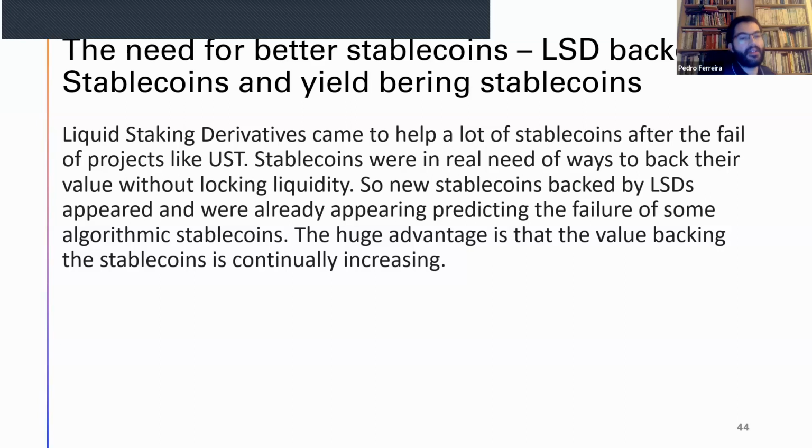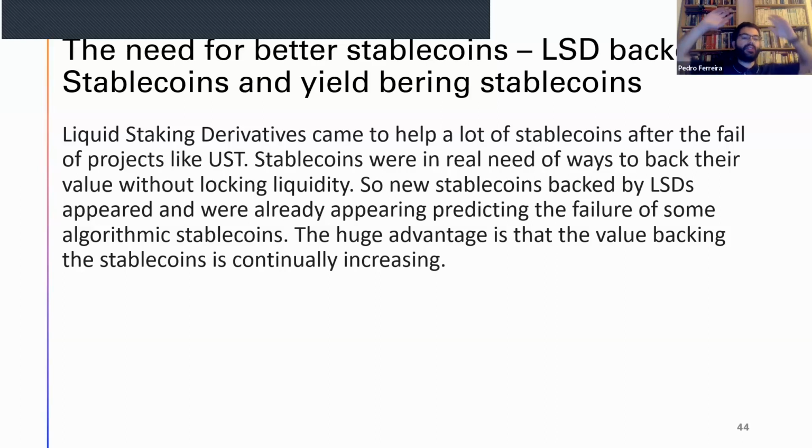Now, in the pause of this session, we were discussing stablecoins, how to disconnect from the real world, and how to have something that backs the stablecoins and gives some kind of security. One example is stablecoins that are yield-bearing but backed by LSTs.